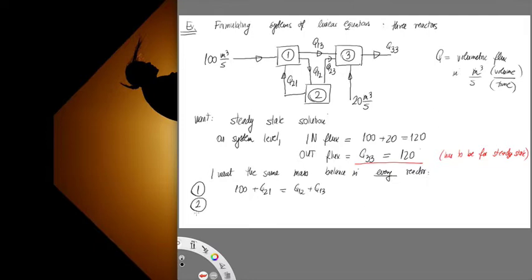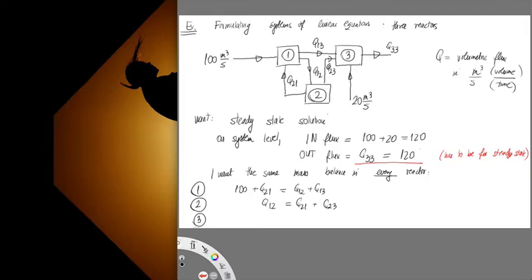So my second reactor, what is coming in? Q12. What is coming out? And then let's continue. My third reactor?